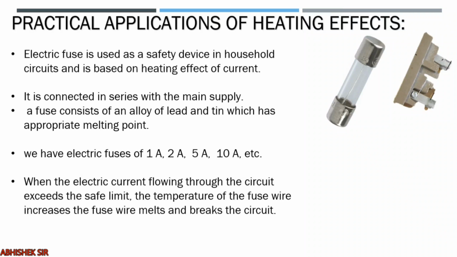Now what happens when the electric current flowing through the circuit exceeds the safe limit, when it goes beyond normal, more than required? The heating effect will be produced. We have already selected a fuse wire which is an alloy and which will melt if a little heating effect is produced. So due to high current, the heating effect is produced and the fuse wire will melt, right? And if it melts, it breaks.